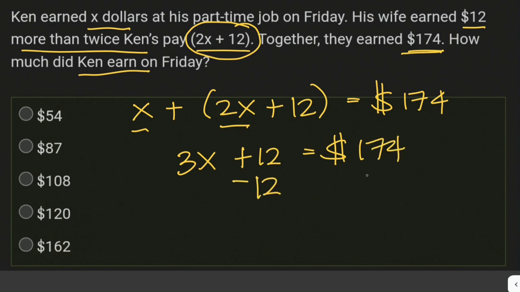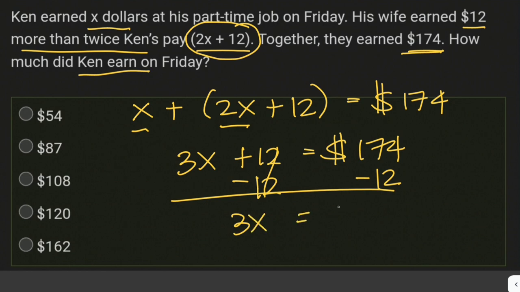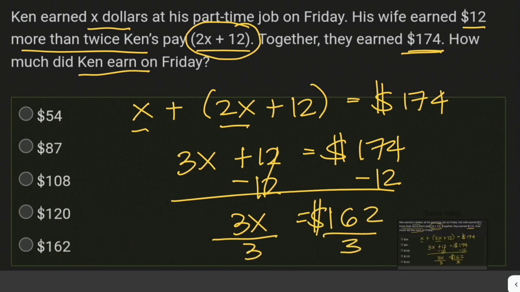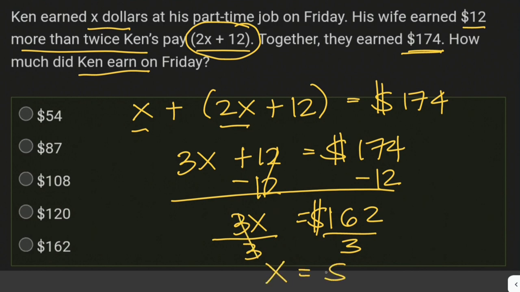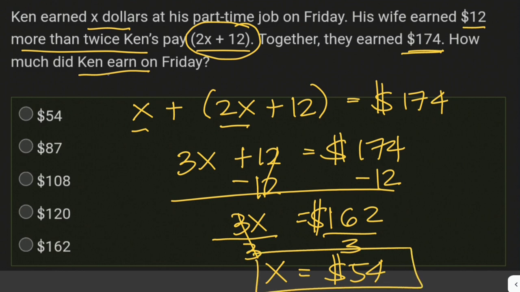Then we subtract 12 from both sides. 3x is equal to 162. Then we divide both sides by 3. And this would give us $54. Therefore, the amount of money Ken earned on Friday is $54. And this is our answer here.